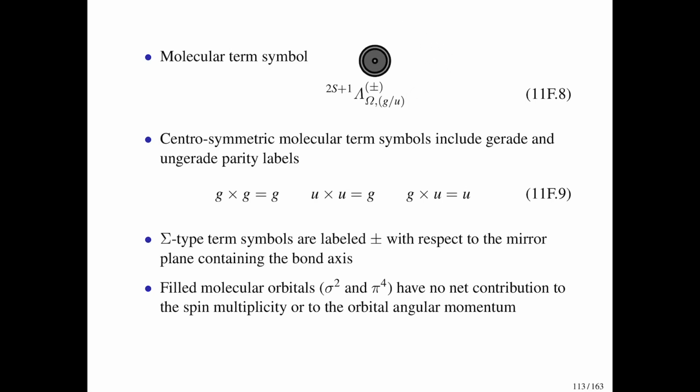Likewise, the plus and minus is an optional part of the term symbol that is only used when you have lambda equal to a sigma type term. So for certain types of molecules, you will have the plus and minus and the g and u, but not all of them. It just depends on the state and the molecule that you're talking about.